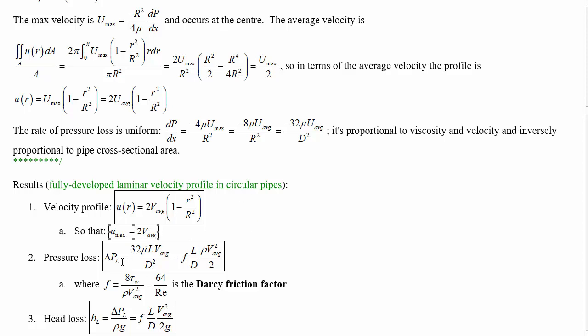This is also going to let us figure out the pressure loss, 32 mu times L times average velocity divided by diameter squared, where mu is viscosity and L is the length of the pipe that we're concerned with. This particular one only works for circular pipes when we're fully developed in laminar flow, but we're going to use this to define some other terms which will be applicable more broadly.